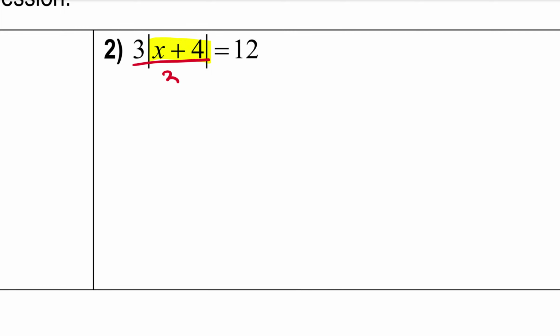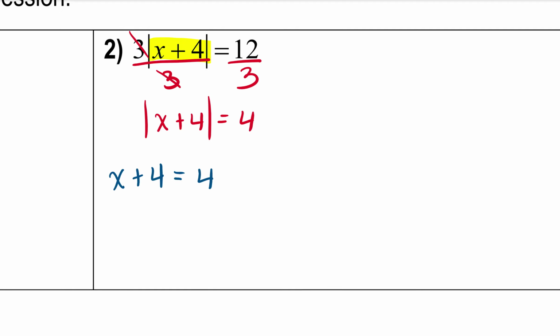That lets me know to divide. So I would have absolute value of x plus 4 equals 12 divided by 3 is 4. Now the same thing we did before, I write just the inside, x plus 4 equals positive 4, and x plus 4 equals negative 4. And I solve each one separately.